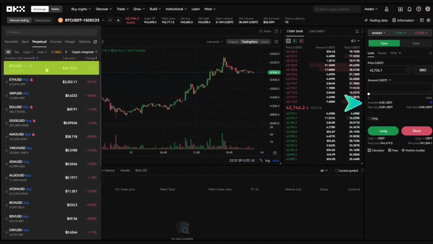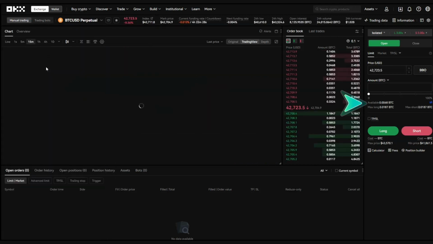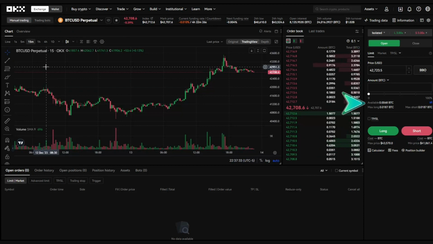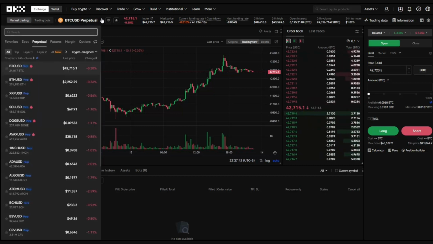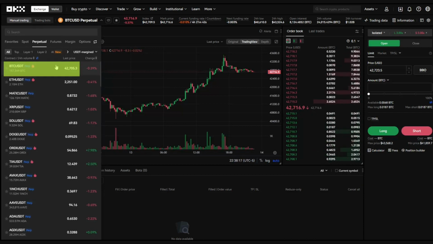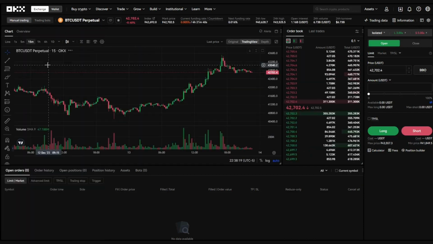Look, if I select the Bitcoin contract, it automatically changes the currency here in the Open and Close Trade section. So, you must have Bitcoin in your trading wallet to be able to trade this contract. I always recommend using stablecoins to open futures contracts. I am going to select the BTC perpetual contract using USDT as collateral.